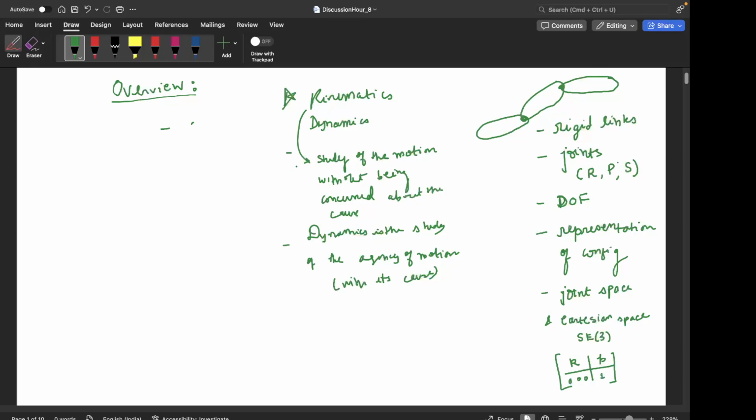So here we study the positions and the velocities, and here we study the forces and the moments and accelerations.